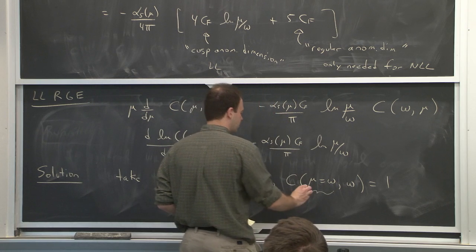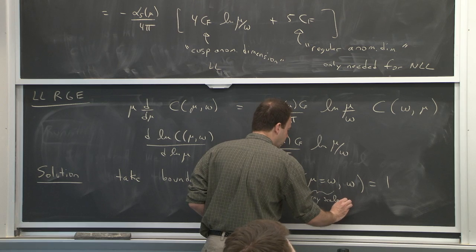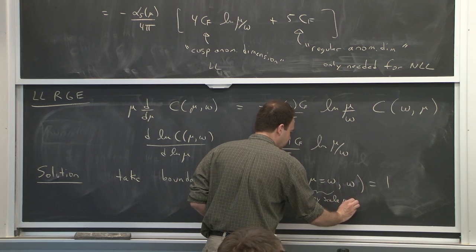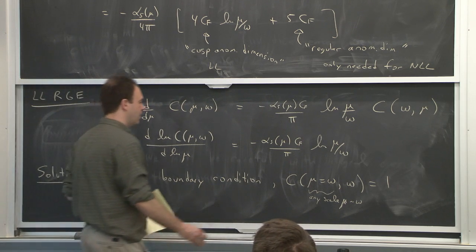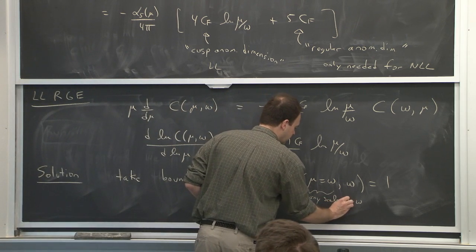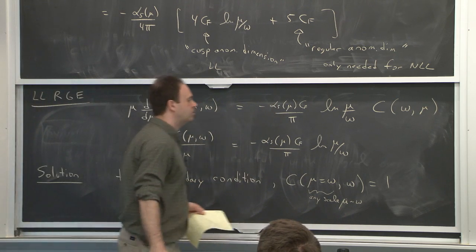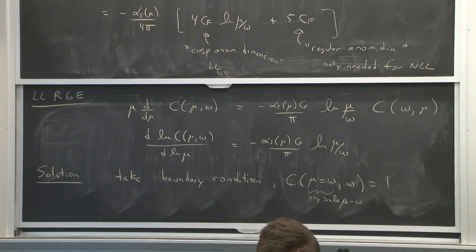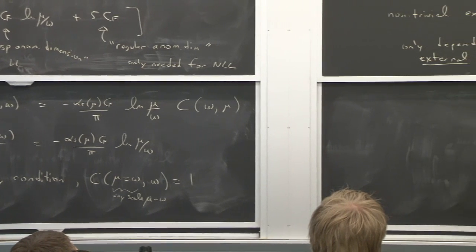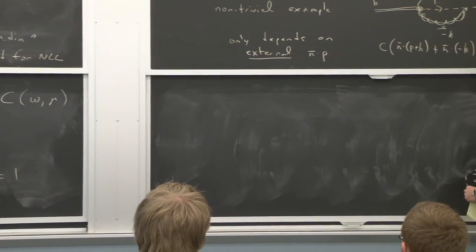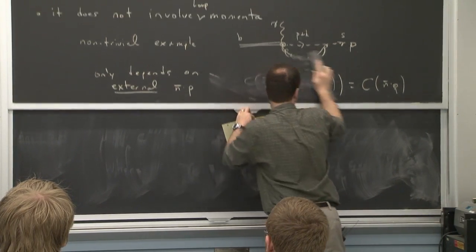In general, you could make this any hard scale, i.e. any scale mu of order W. So you could call it something mu naught and consider the renormalization group from that scale. But for convenience, I'm just taking that mu naught to be W here. Okay, so we take that boundary condition.